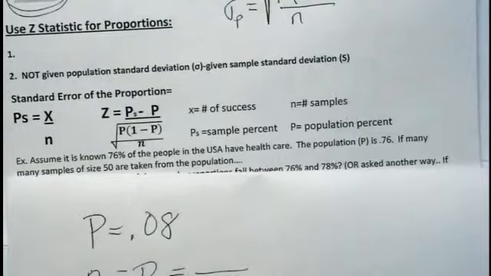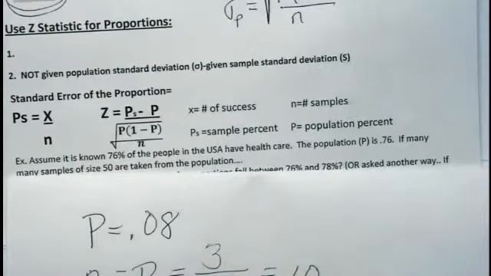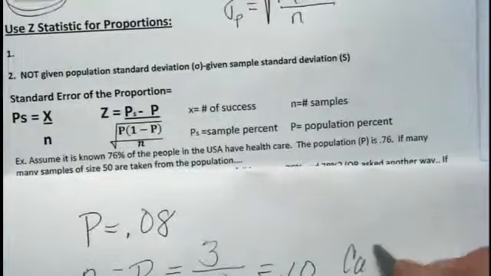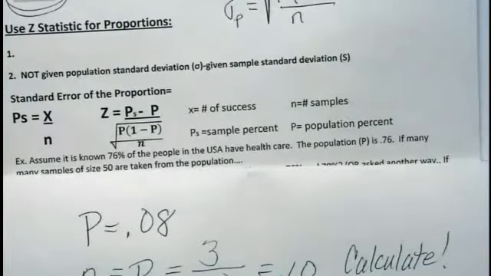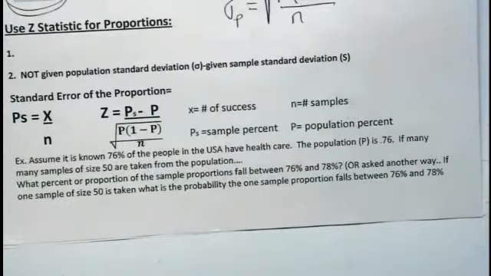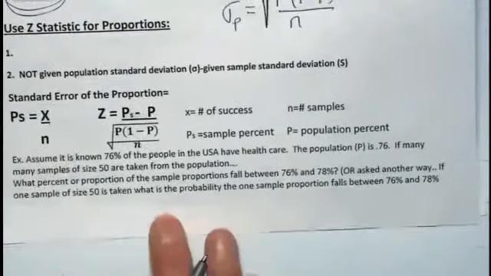I sampled 30, and I found out 3 got A's, or 10% got A's. So very often you're going to have to calculate the sample proportion, remember that. And I will always give you the population percent. Okay? So let's go on to the problem.